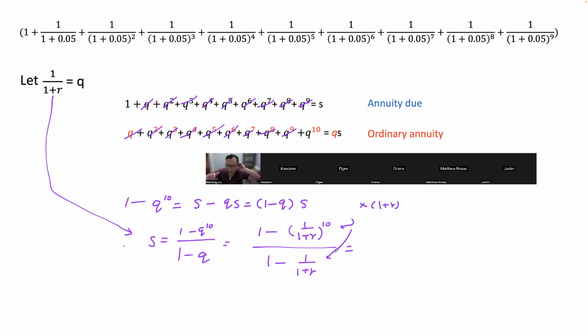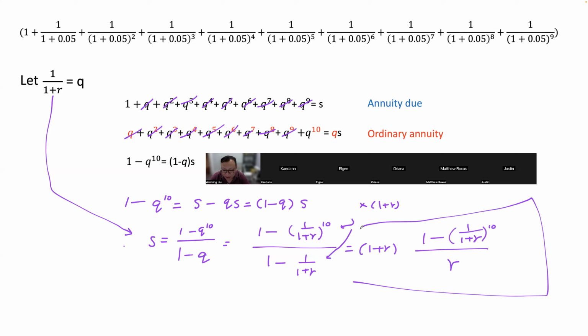When I multiply the same number to the denominator and the numerator, the result is the same, right? So now I have 1 plus R, and this one becomes 1 minus 1 divided by (1 plus R) to the power 10, and the denominator is just R. So that's how I got my annuity due formula.